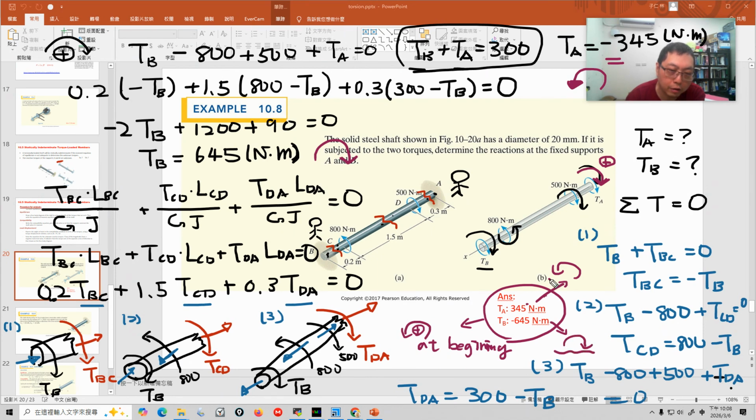If you look, this is the same as what we get here. So the answer looks reversed and opposite, but actually the conclusion is the same: TA rotated in this direction, TB rotated in this direction.